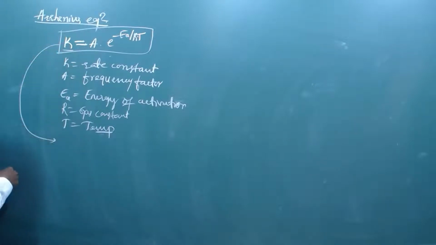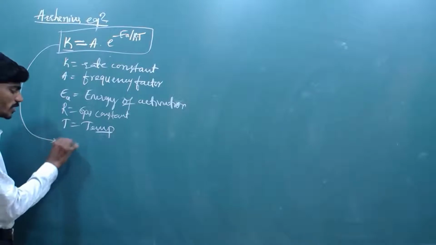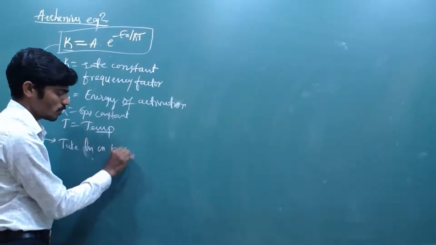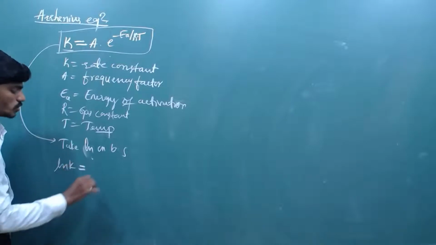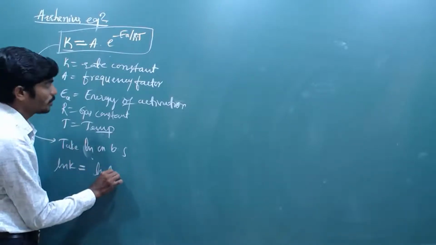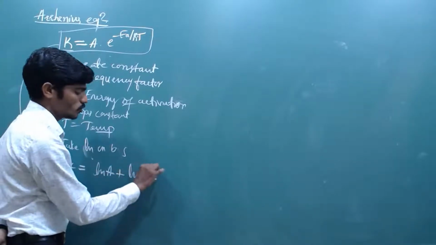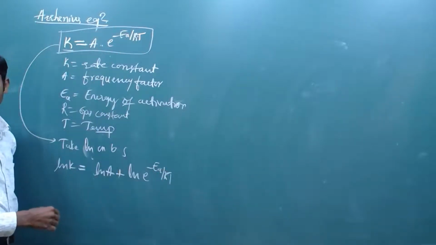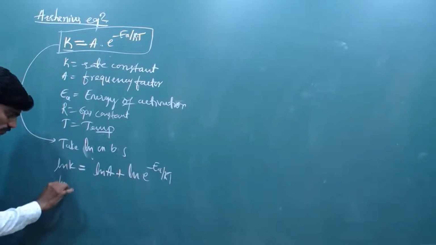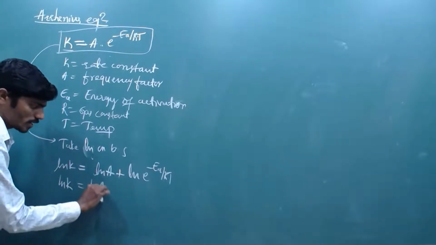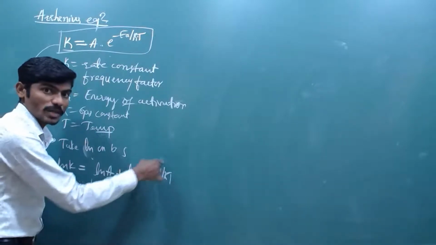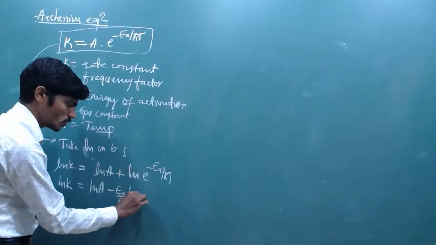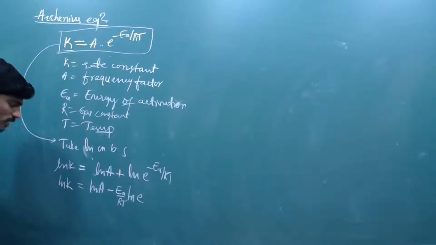If we take log, or natural ln, on both sides of this expression, it gives ln k is equal to ln A plus ln e to the power minus EA by RT, because it is A into B, so ln A plus ln B. Simplifying again, ln k is equal to ln A minus EA by RT into ln e.